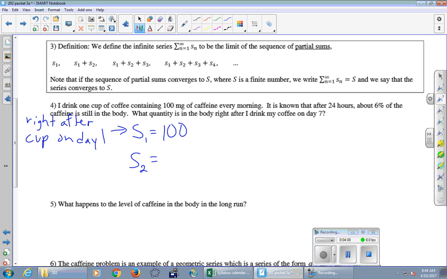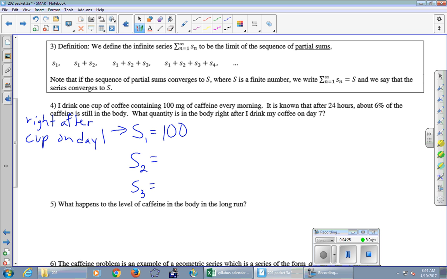So don't write this because we're going to need to write 106 in a very particular way. So don't write that just yet. But S3 is not as obvious because now we're trying to take 6% of what number? 106, which we probably don't know just like that. And then we add 100 to that thing, right? Okay, so I don't want to write 106 here because that sort of hides what's going on. So I'm going to write this calculation in a very particular way.